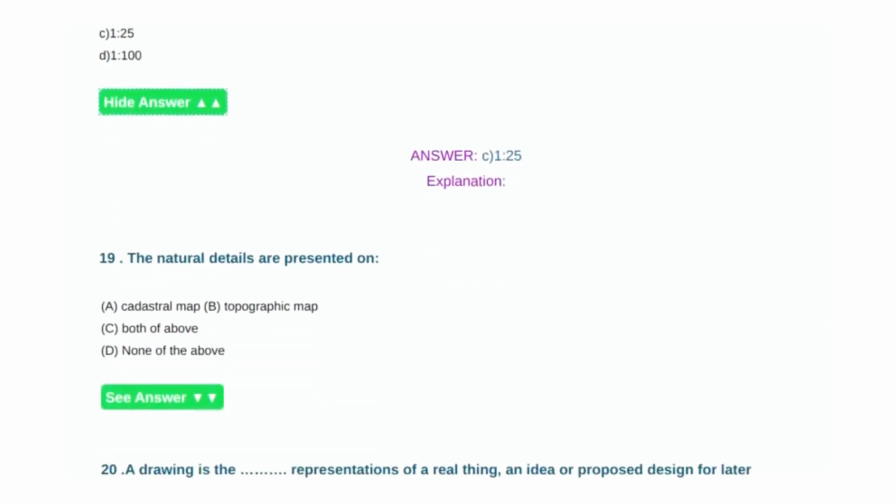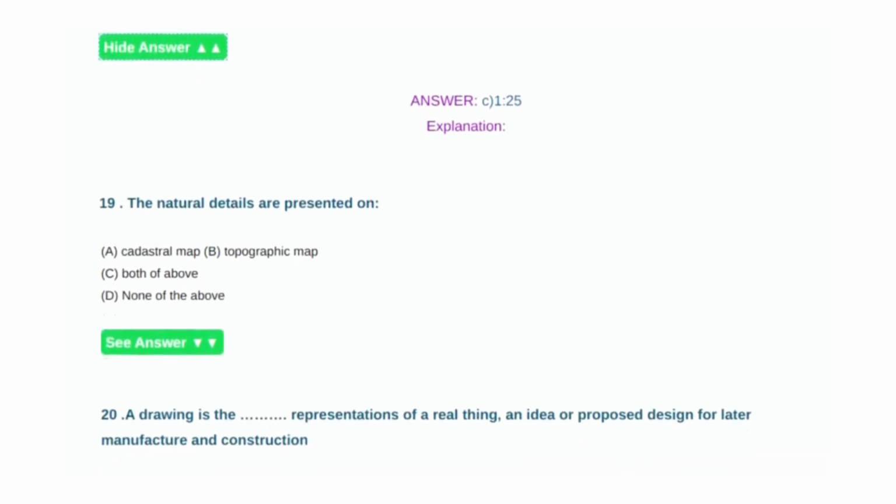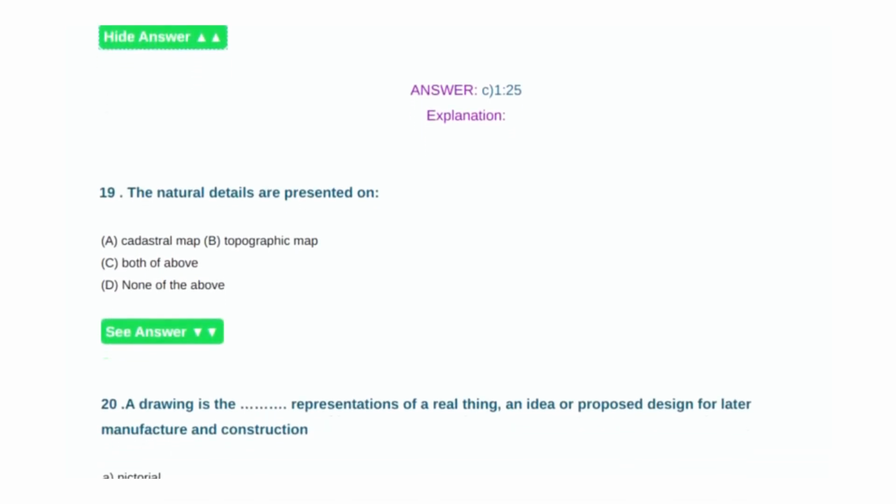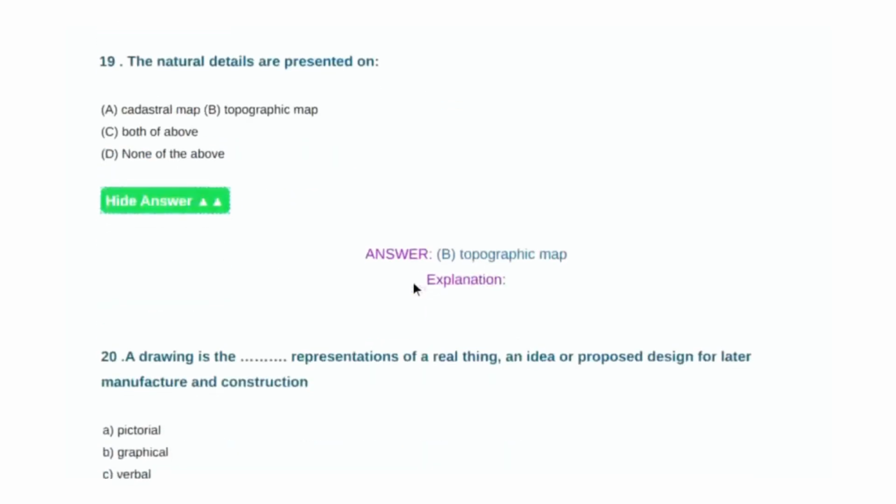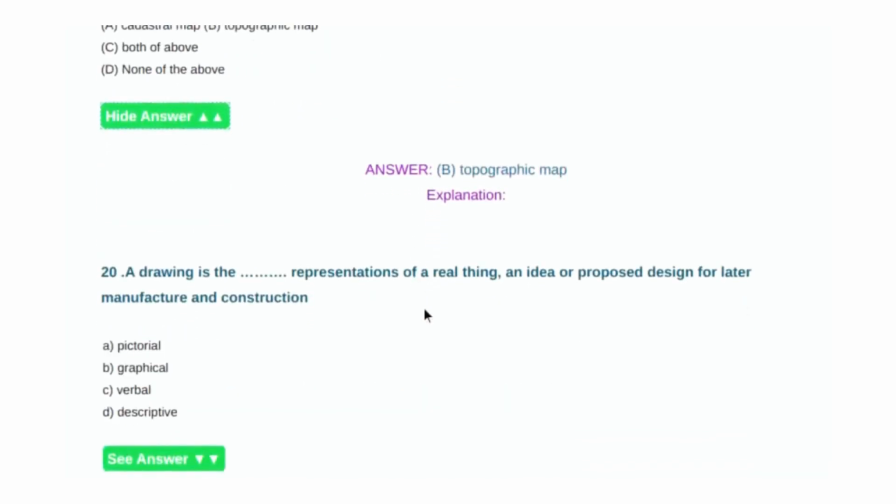The natural details are presented on cadastral, topographical maps. Both are natural details, topographical maps. I know option B. A drawing is the representation of a real thing or an idea, proposed design, for later manufacture and construction: pictorial, graphical, verbal, descriptive.